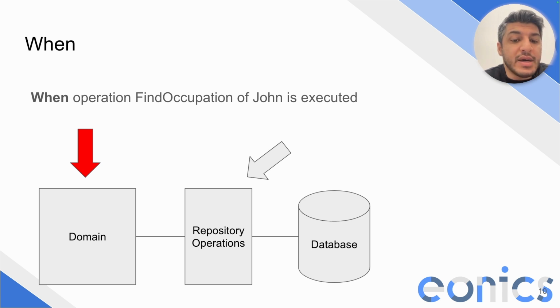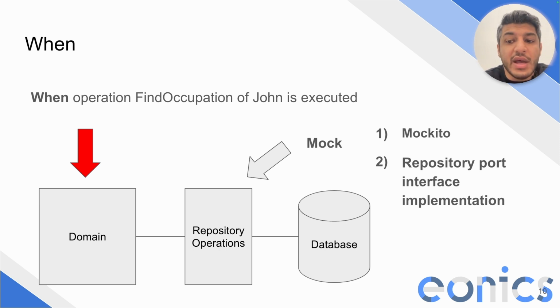But we really do not know what the implementation is until we implement it, so it can be anything. We have an understanding of what our interface would do as a repository, and then we can do two things to test. One is to use Mockito, and the other is to actually implement our interface.